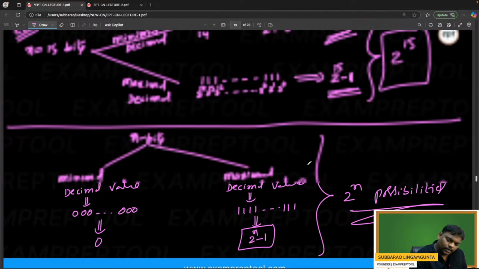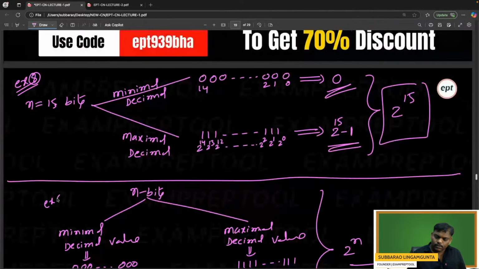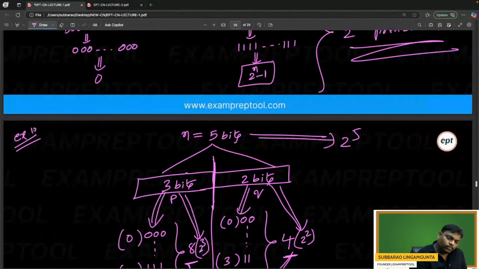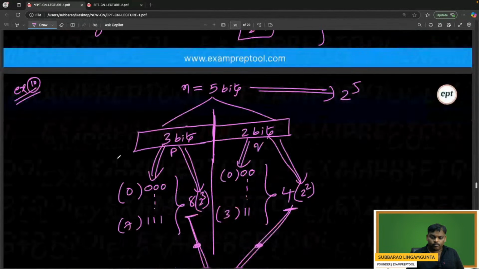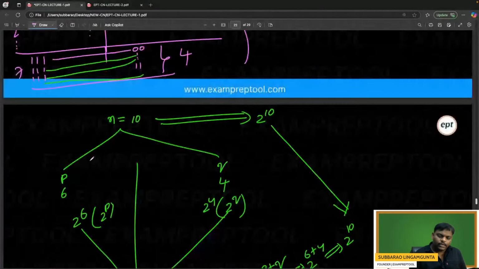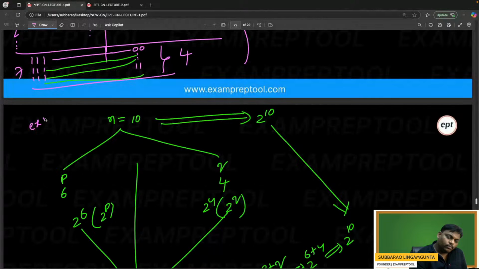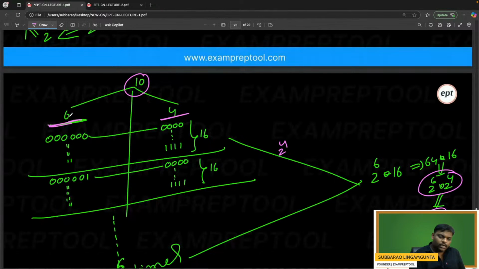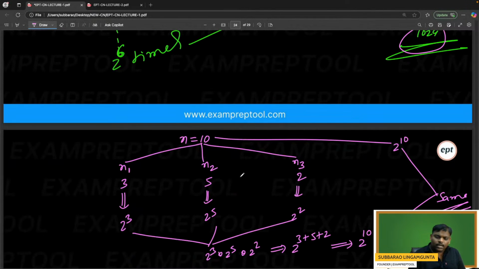The ninth problem. The 10th problem. The 11th problem. The 12th problem. These all are small problems.